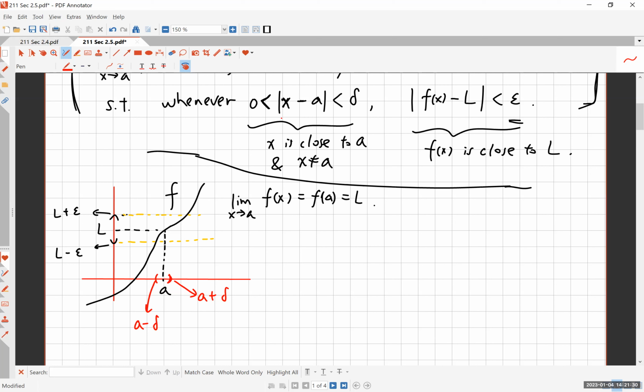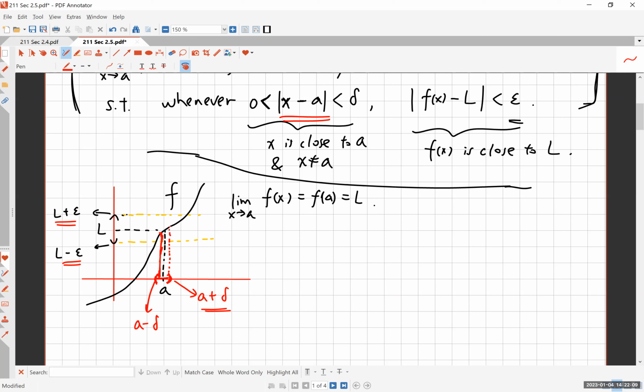So as long as the absolute value of x minus a, the difference between a and x, is within delta, and x is not equal to a. In other words, as long as your x is within this small interval from a minus delta to a plus delta, and not exactly a, are you guaranteed to hit a point f of x within the interval from L minus epsilon to L plus epsilon?